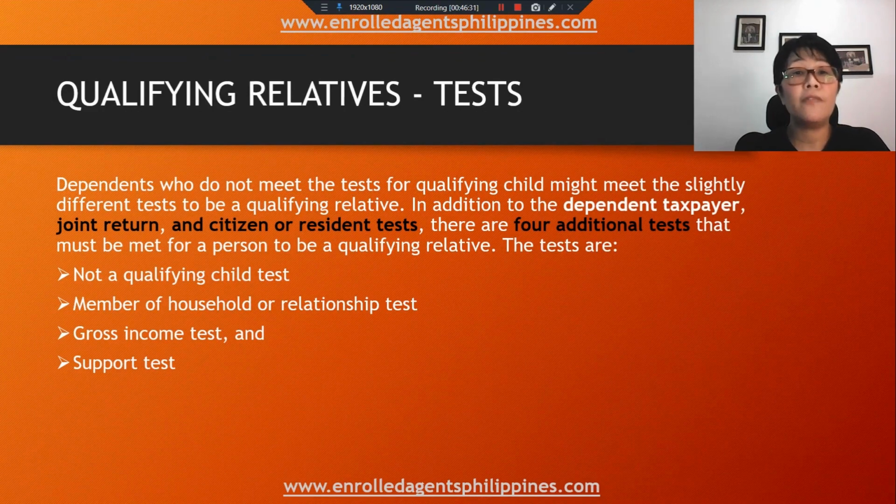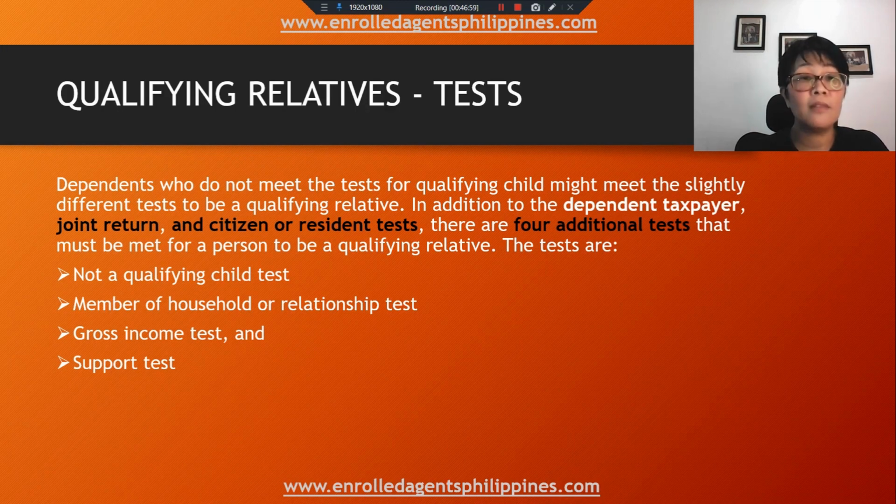Okay, so qualifying relatives test. Dependents who do not meet the test for qualifying child must meet the slightly different test to be a qualifying relative. In addition to the dependent taxpayer test, joint return, and citizen or resident test, yung kanina, yung primary test, there are 4 additional tests that must be met for a person to be a qualifying relative.